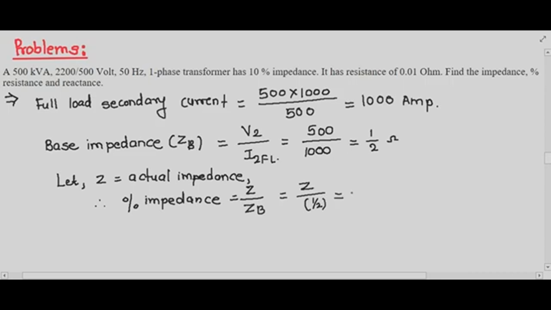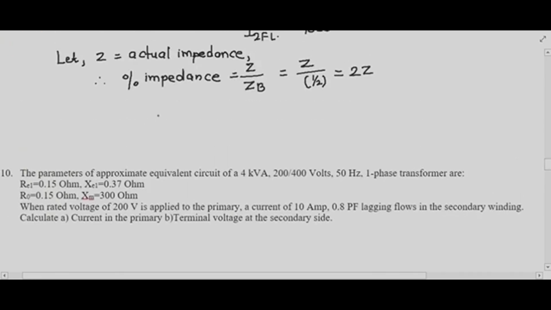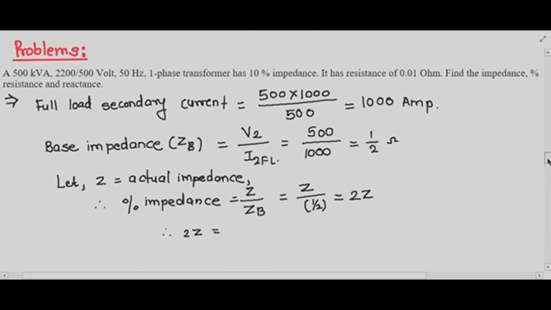So percentage impedance is equal to 2 into Z. But we know, therefore, I can write 2Z equals what?